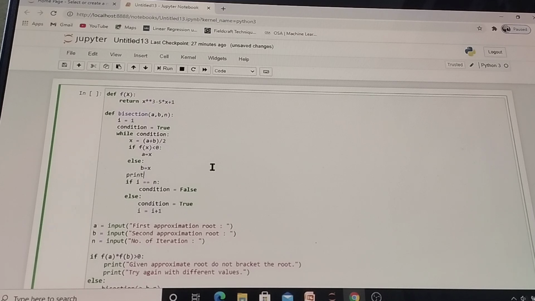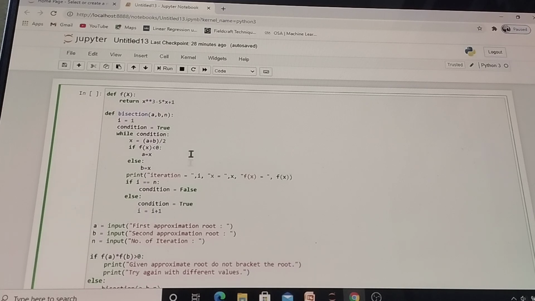So suppose I have to print the value of number of iterations. So iteration. So I am going to have the number of iteration, the value of x and f of x in the printing set for each iteration.